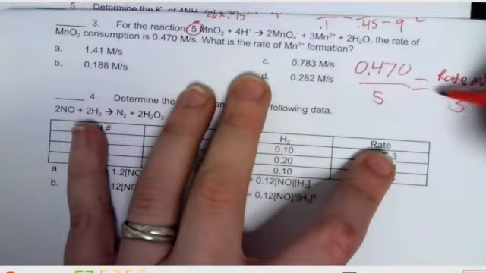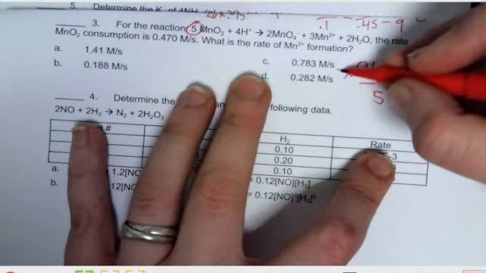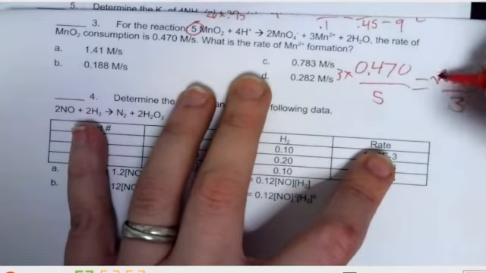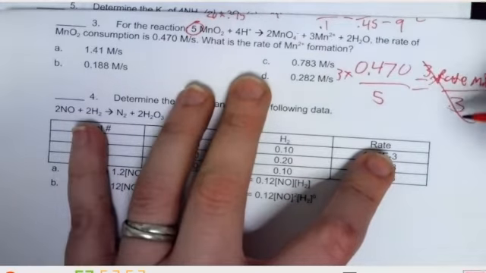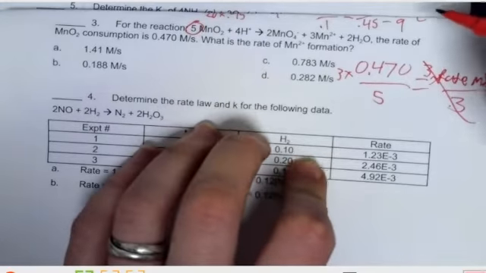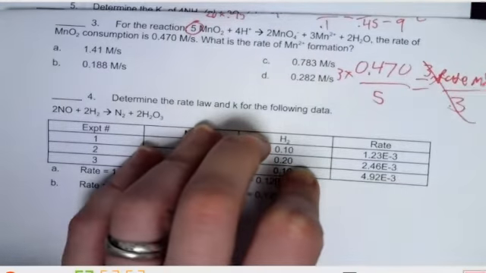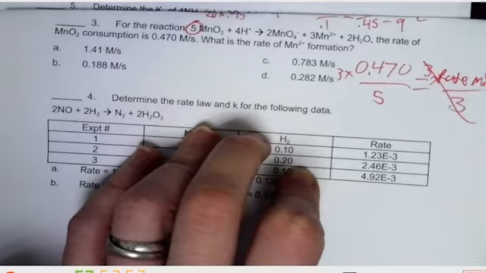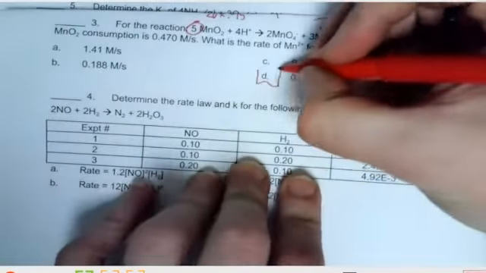Multiply 3 to both sides, so times 3, divided by 5. So 3/5 of 0.47 is 0.282. So the correct answer is D.